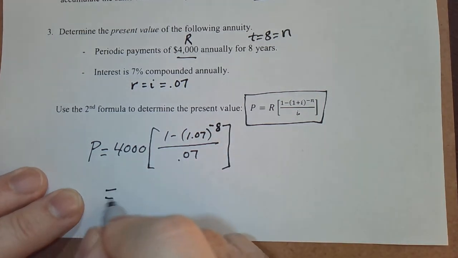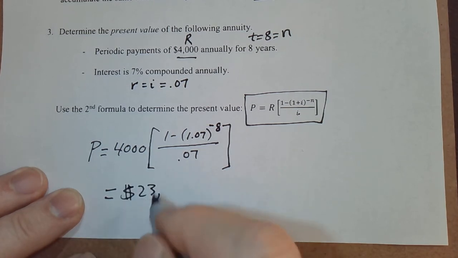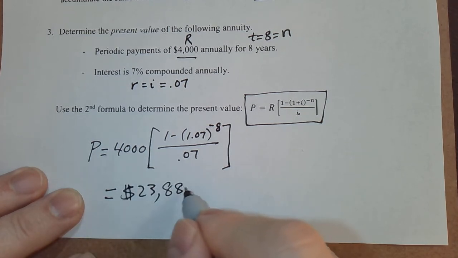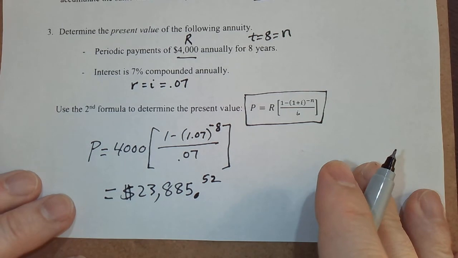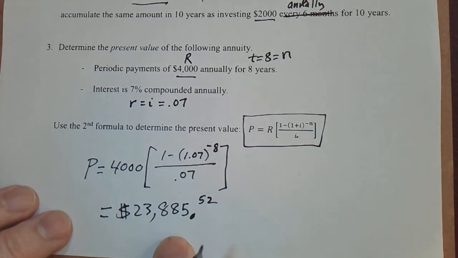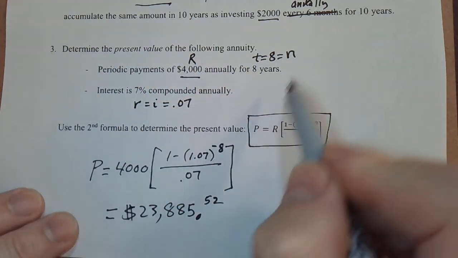And if you plug that into the calculator, you get 23,885 and 52 cents. So that would be the one lump sum payment. In other words, it's the present value of the annuity we described right here.